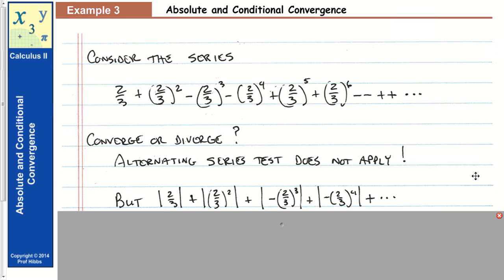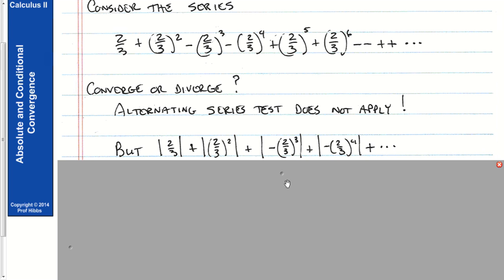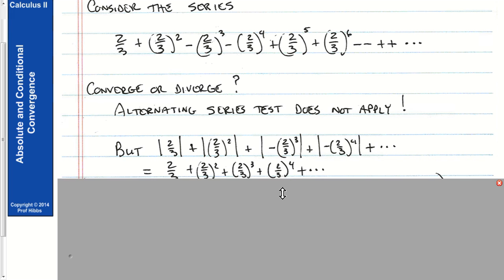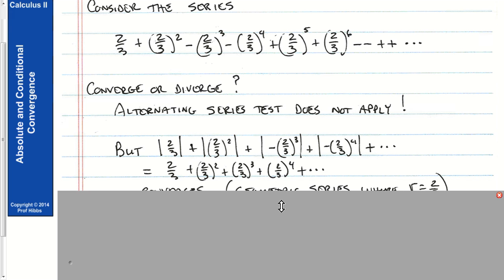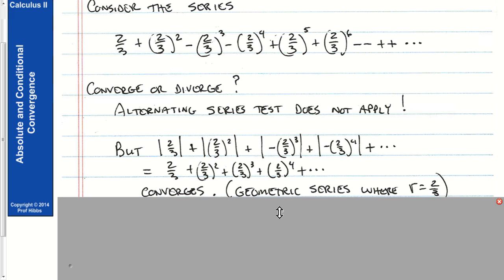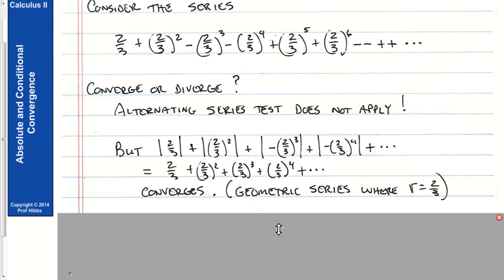So here's what we could do. This is kind of clever. Let's look at the absolute value of the terms. Now the absolute value of the terms, if we look at that series, is actually a geometric series, and it converges because r is 2/3, which is less than 1.